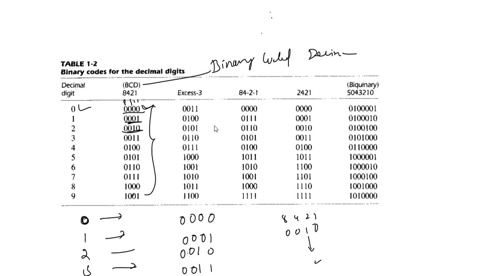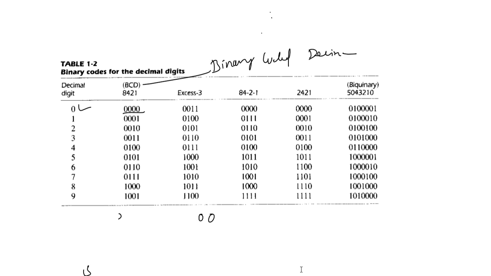One more thing I would like to tell you is that there is another code known as excess 3 code. The name itself tells you that the code uses 3 extra, or excess 3.